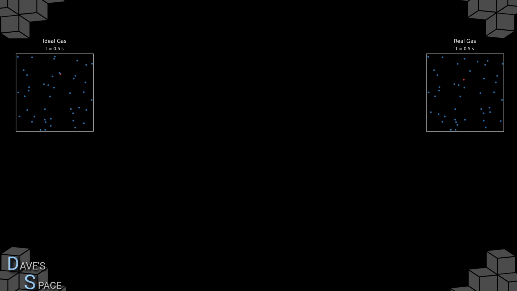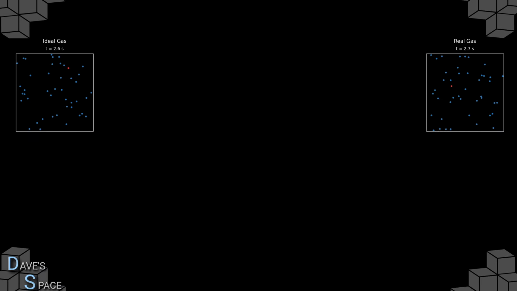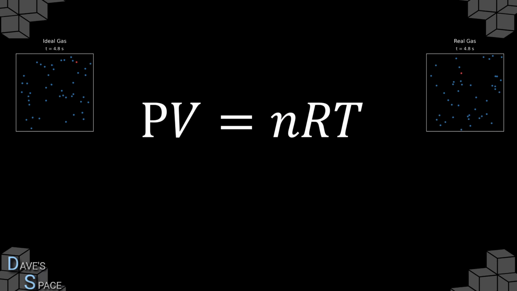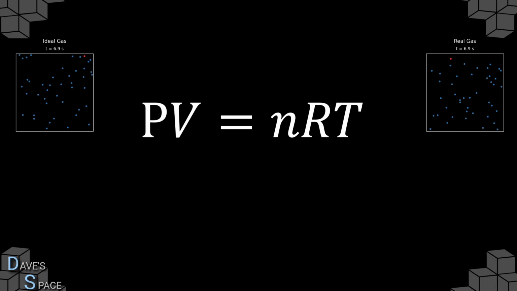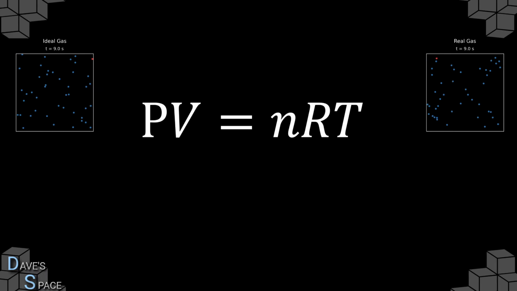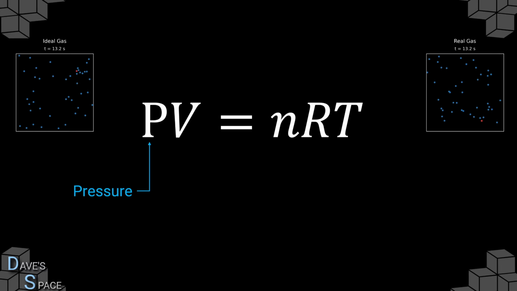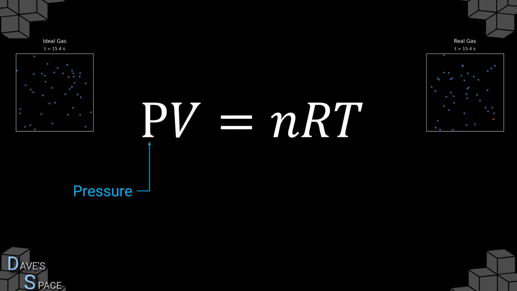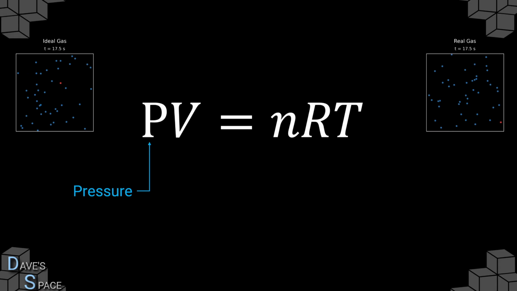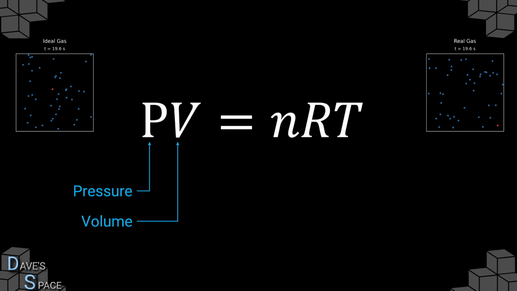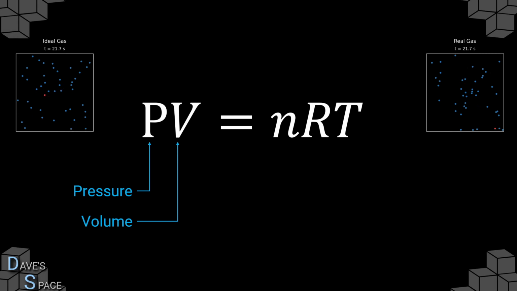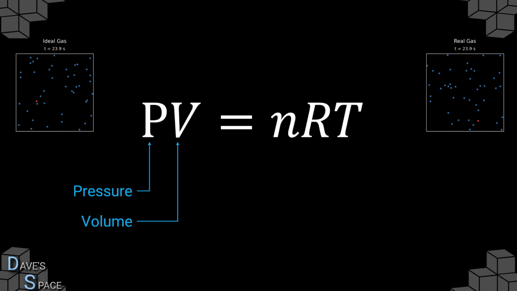And so what is the ideal gas law? So here it is. It describes how P, V, N, R and T are related. So P is the pressure, and it's the pressure that the particles exert on each other and on the walls of the container. V is the volume which contains the particles, so the volume of the container.